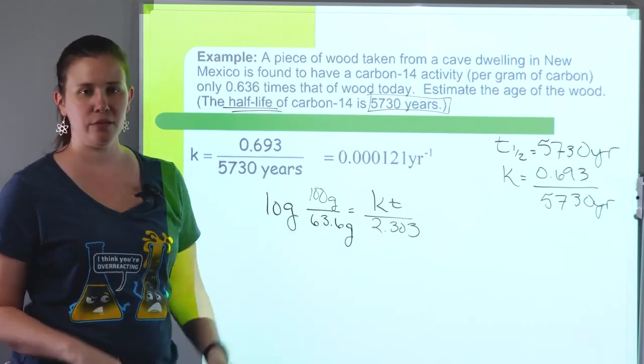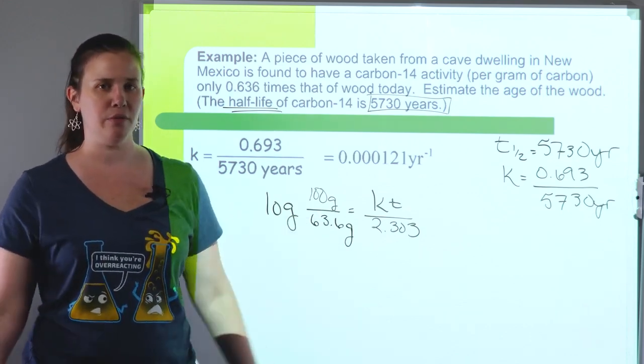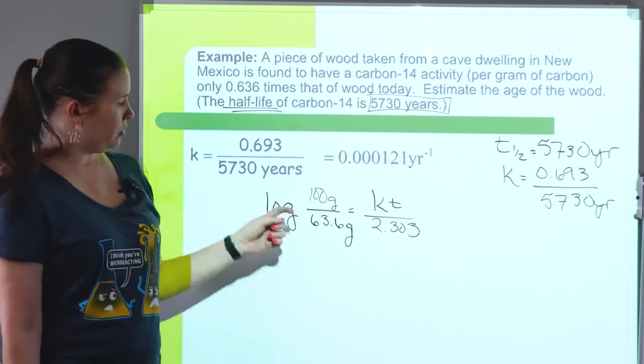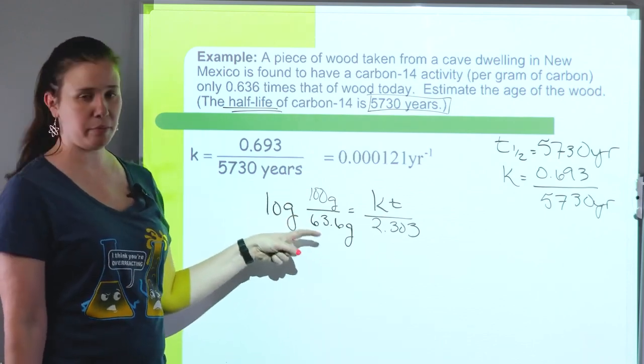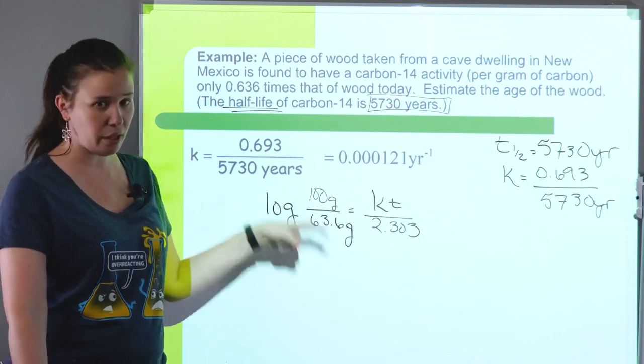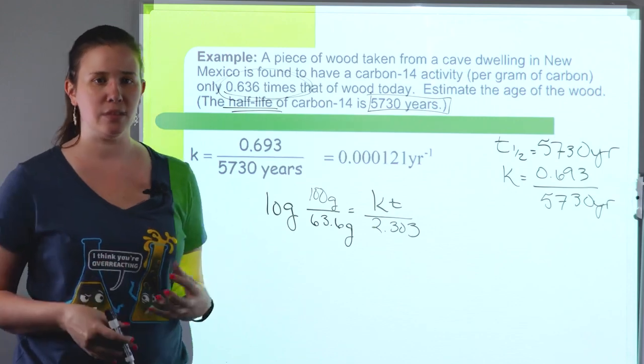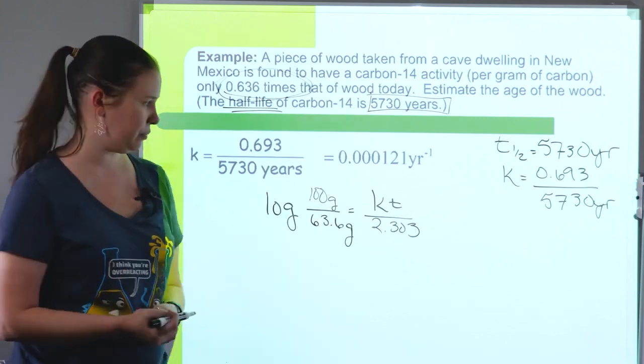Notice how the grams would cancel, so you could make up 100 kilograms, 100 micrograms, it really doesn't matter because the units cancel. So I just want to make sure that my bottom number is 63.6% of my top number, because it should be 0.636 times the top number.